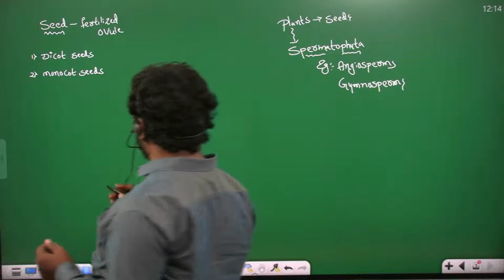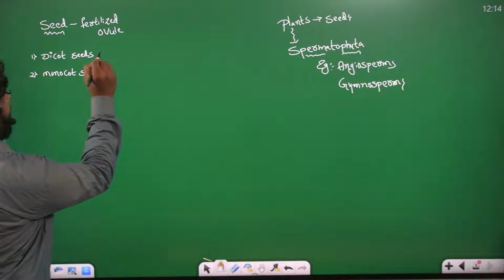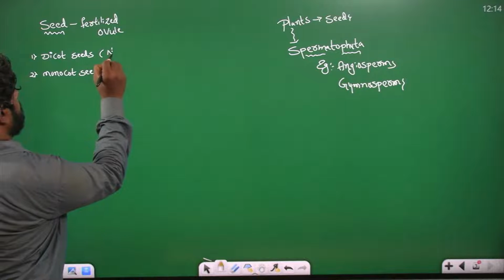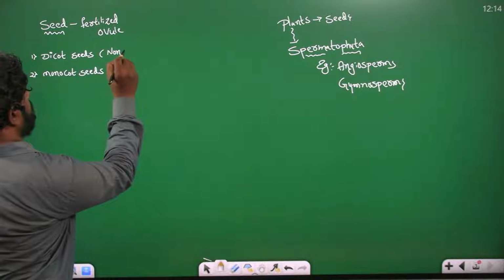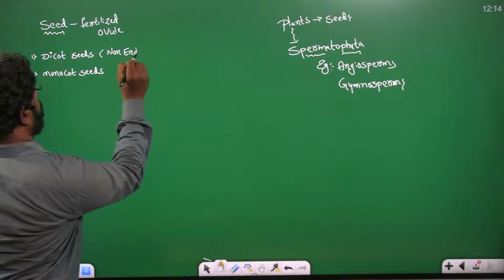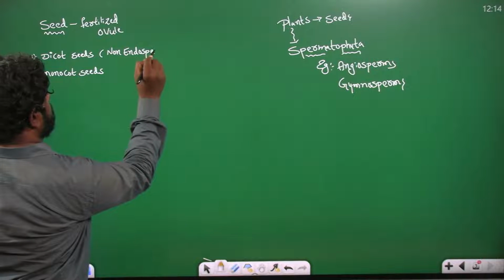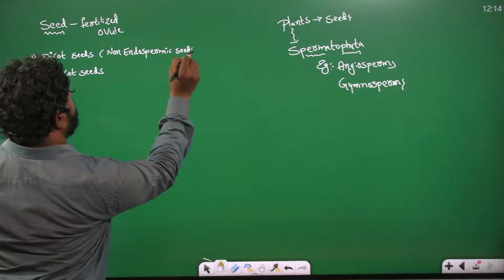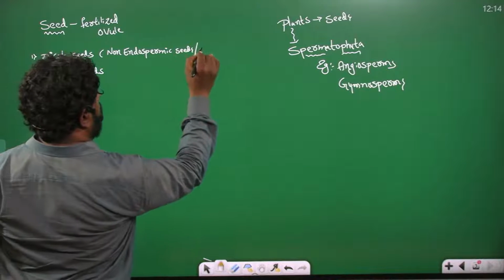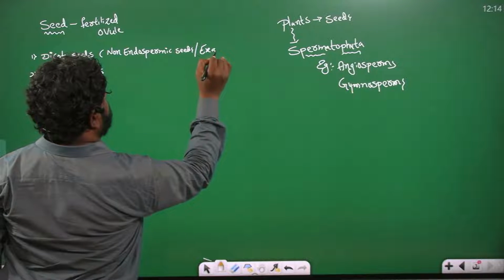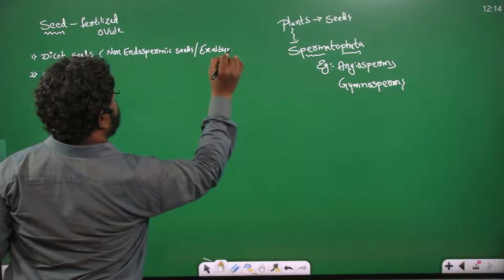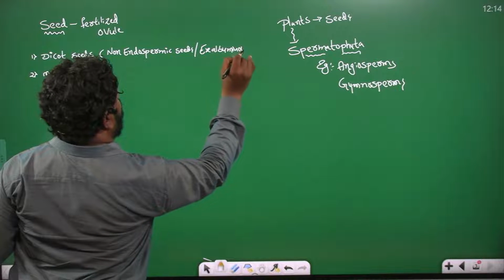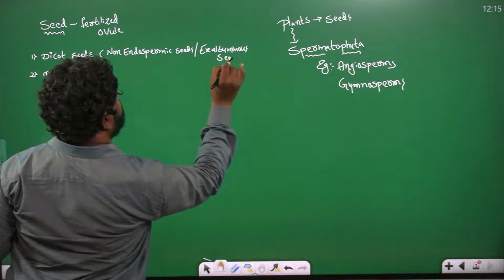See, dicot seeds are also called non-endospermic seeds, or ex-albuminous seeds also.